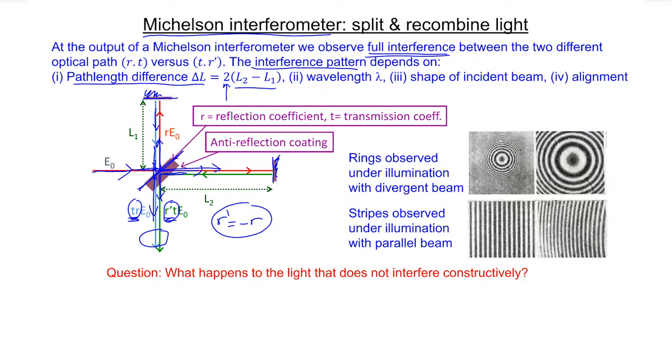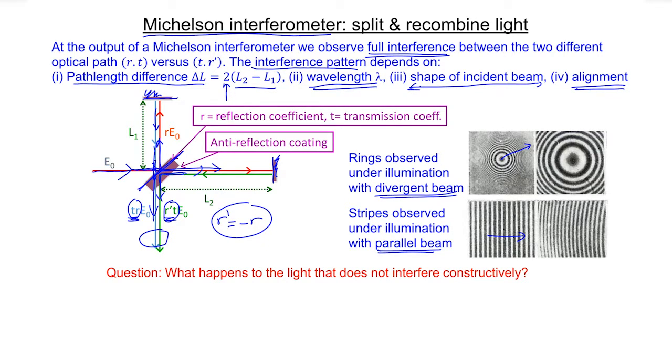You have to compare that with the wavelengths of light, and then the pattern that you will see depends on the alignment of the mirrors and the beam splitter, but also on the shape of the incident beam. If you use a diverging beam at the input, you see intriguing rings. If you use a parallel beam, you see stripes. But I'll demonstrate that in more detail in a separate web clip.